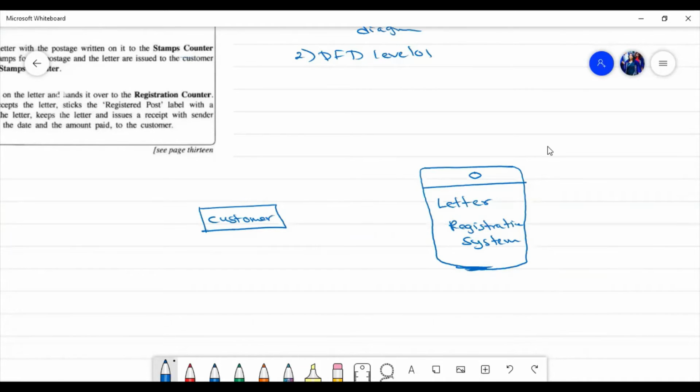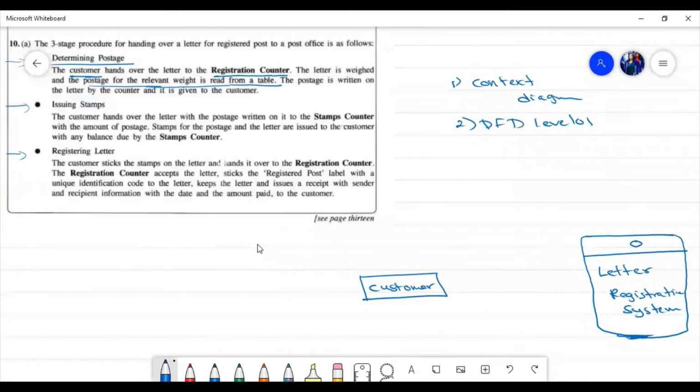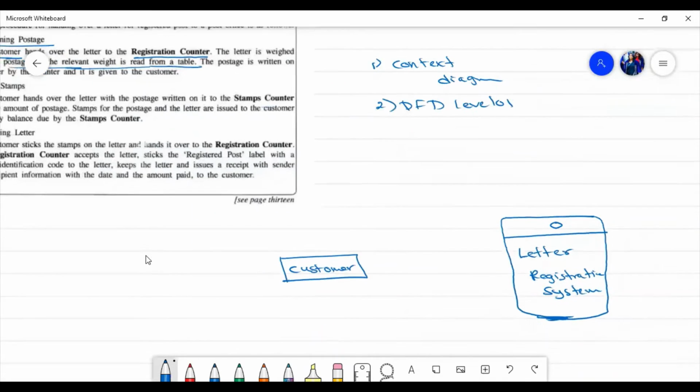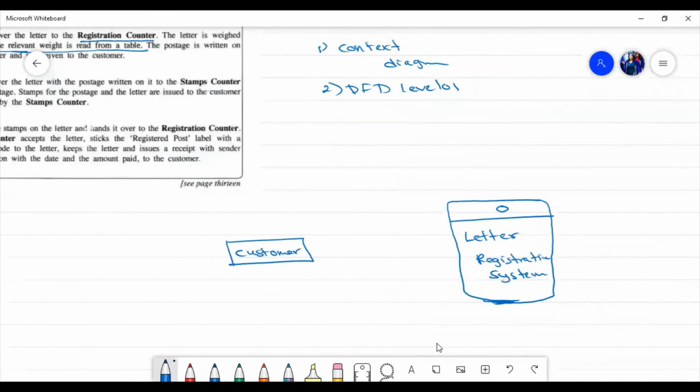Right. Okay. Now we have to see what is happening between the customer, the external entity, and this particular system. First, in determining postage, the customer hands over the letter to the registration counter. That means from the customer's side, there's a data flow happening towards the registration system.